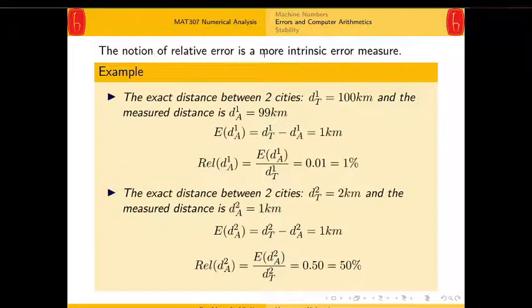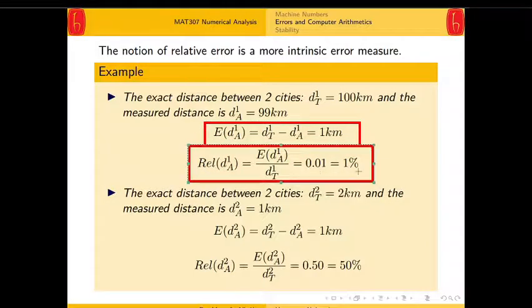The notion of relative error is a more strict error measure. Say the exact distance between two cities is 100 kilometers, and the measured distance is 99 kilometers. Then the absolute error is 1 kilometer, and the relative error is 1%. In another example, the exact distance between two cities is 2 kilometers, and the measured distance is 1 kilometer instead.